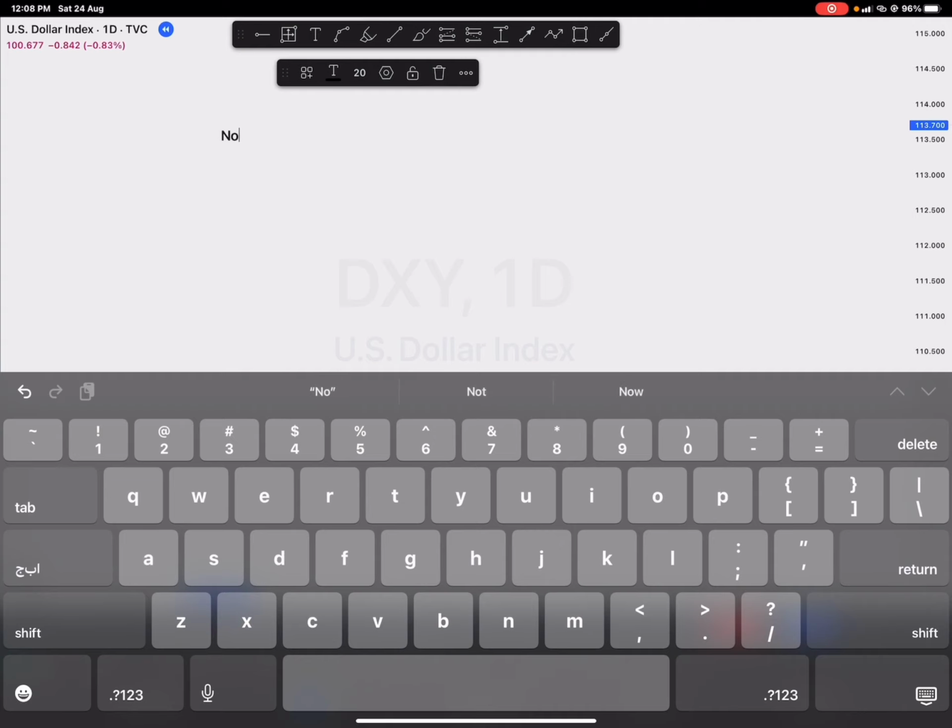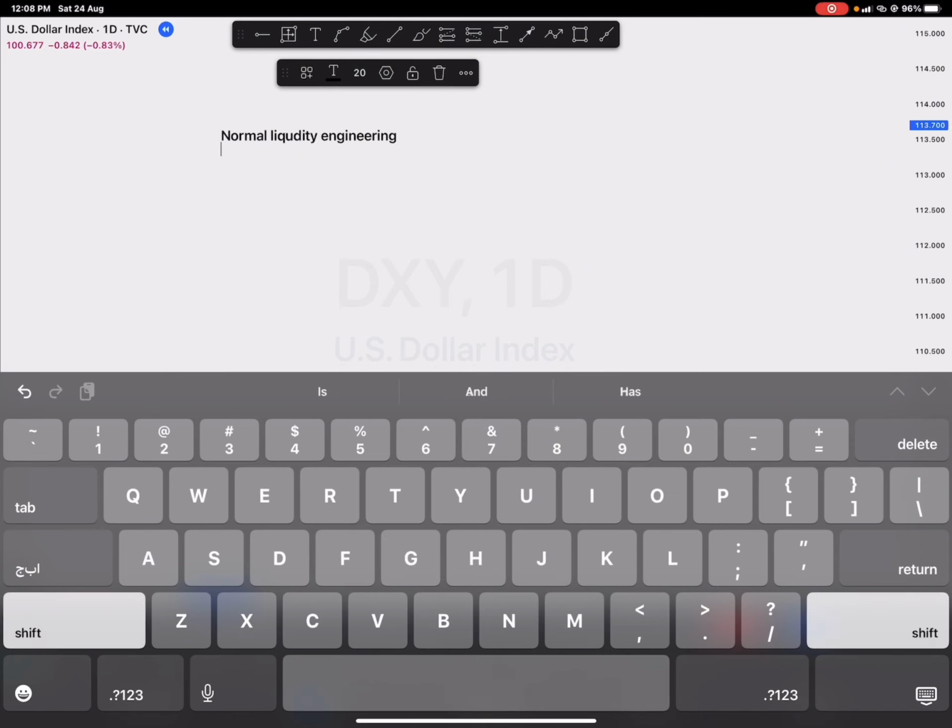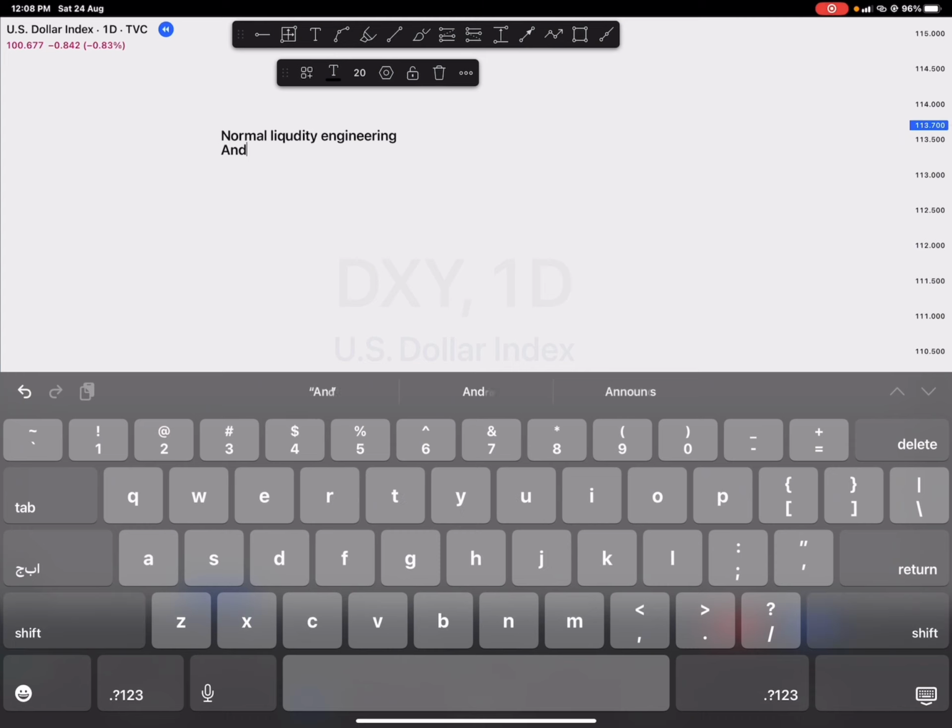Normal liquidity engineering and the other 4 categories.